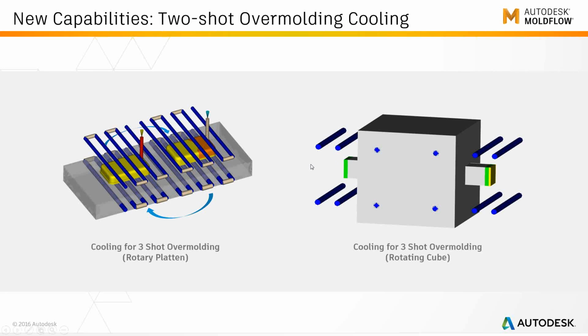There's another scenario that's fairly common. It's the indexing cube scenario, where you have an injection unit on this side and an injection unit on the other side, and the cube indexes like 180 degrees every shot. So we can take both scenarios into account in our cooling solver now and show you what the mold cooling looks like.